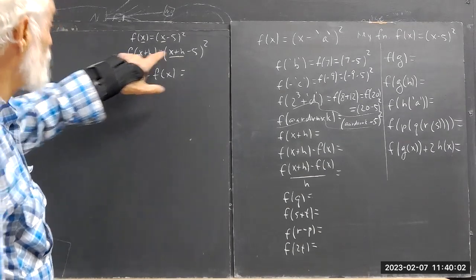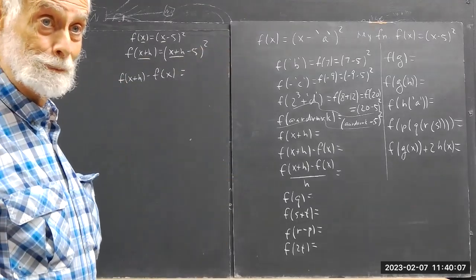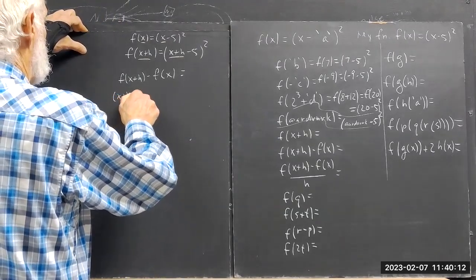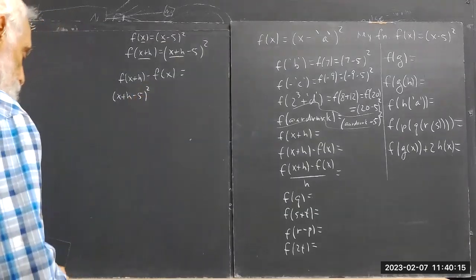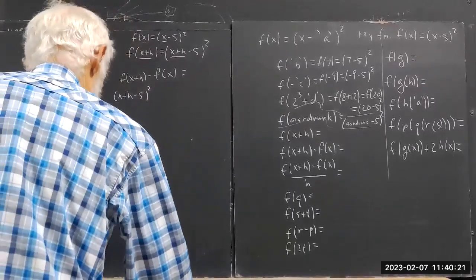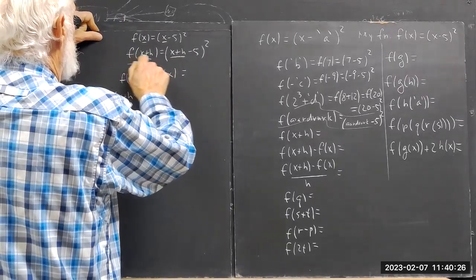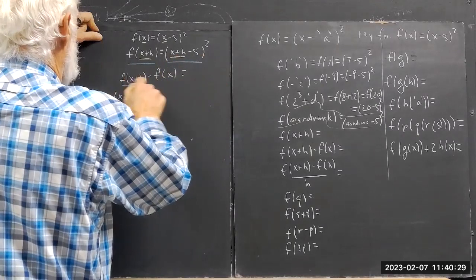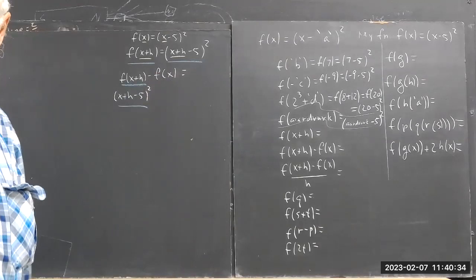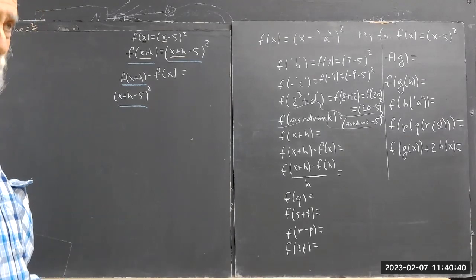F of x plus h was x plus h minus 5 quantity squared, and it still is. Nothing else goes in there. That's what f of x plus h is. So f of x plus h still equals this. It doesn't equal anything else just because you got something out here. Okay, nothing else. Okay, that makes sense?